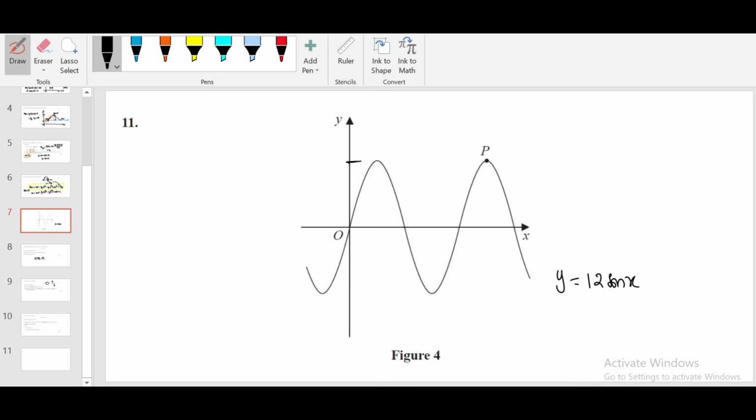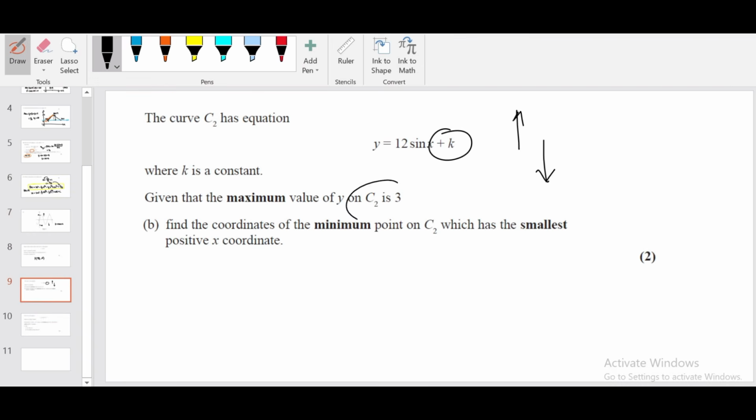So this point is 12. This point is minus 12. We are going to add k. In other words, you need to move the graph upwards or downwards. We don't know because the value of k is not given, whether it's positive or negative. But you need to move up or down in such a way that the maximum value is 3 now.